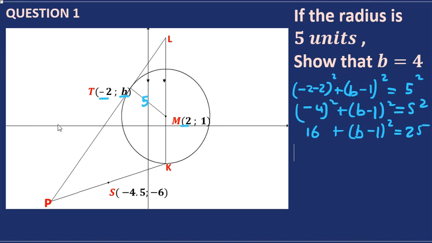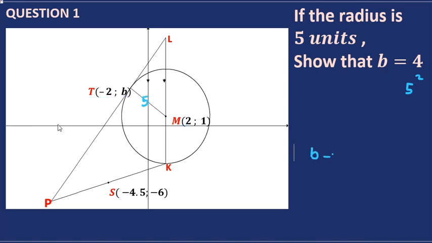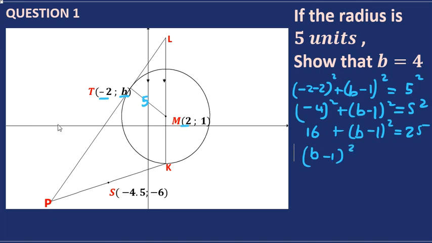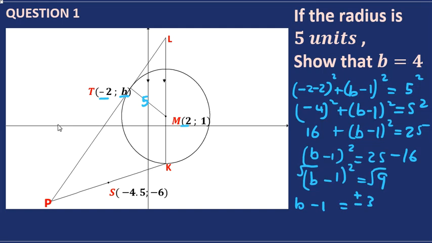If we take 16 over, minus 16, that'll give us 9, and we can take the square root of both sides and we're left with b minus 1, and of course this could be positive or -3, but as you can see the y value at b is positive, so we will only take the positive solution.